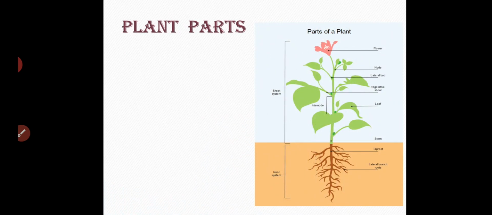Now let us move towards the part of the plants, that is plant parts. So you can see here a plant which may be available near your home, right? In your garden you have a number of varieties of plants. Have you ever seen a plant carefully?